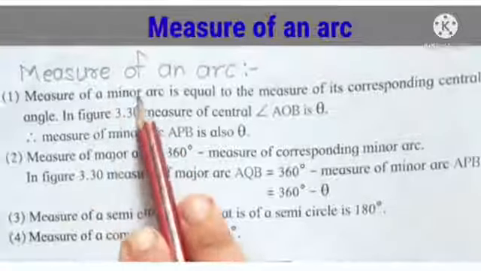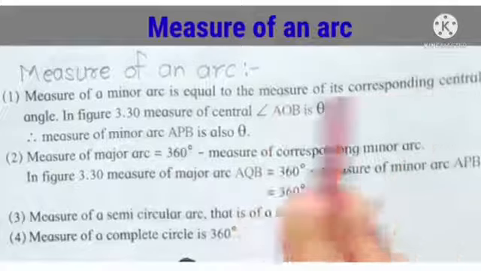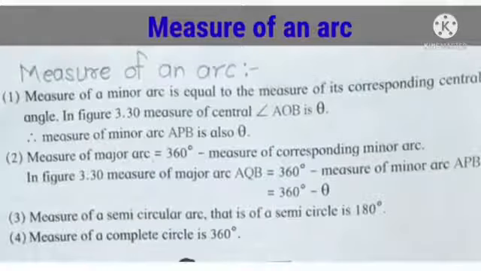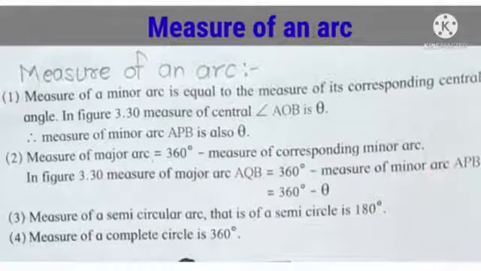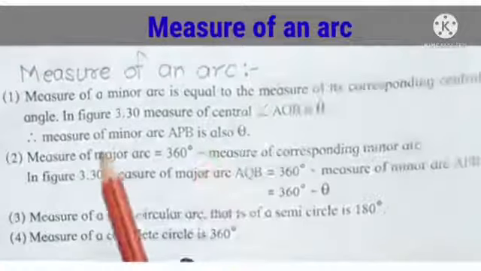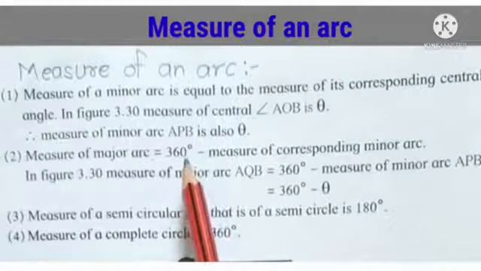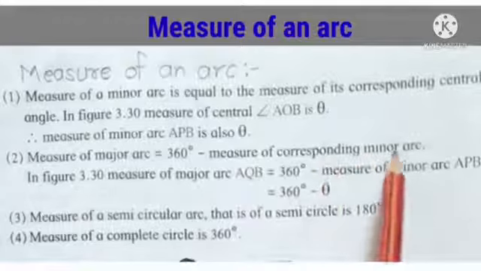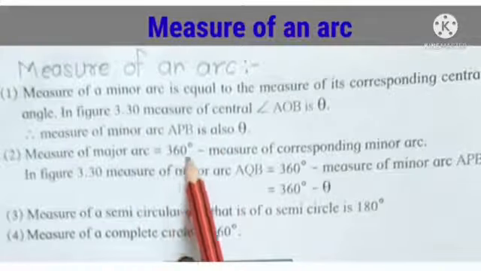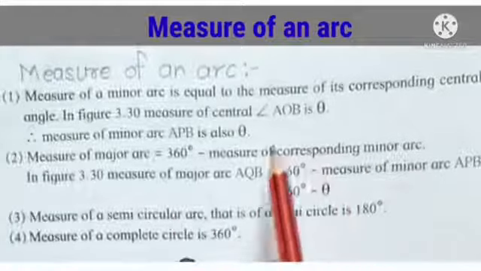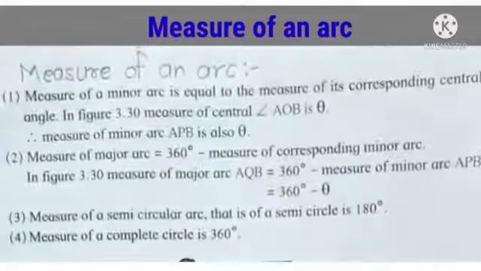First, the measure of a minor arc is equal to the measure of its corresponding central angle. Second, the measure of a major arc is equal to 360 minus the measure of the corresponding minor arc. The measure of the full circle is 360, and we subtract the minor arc's measure to get the measure of the major arc.